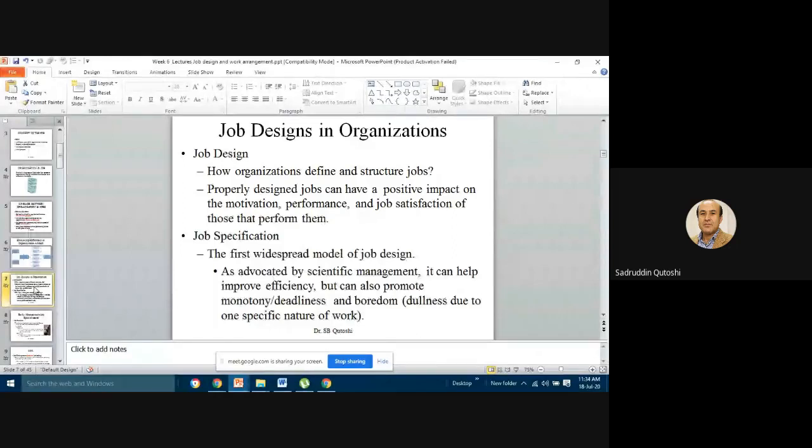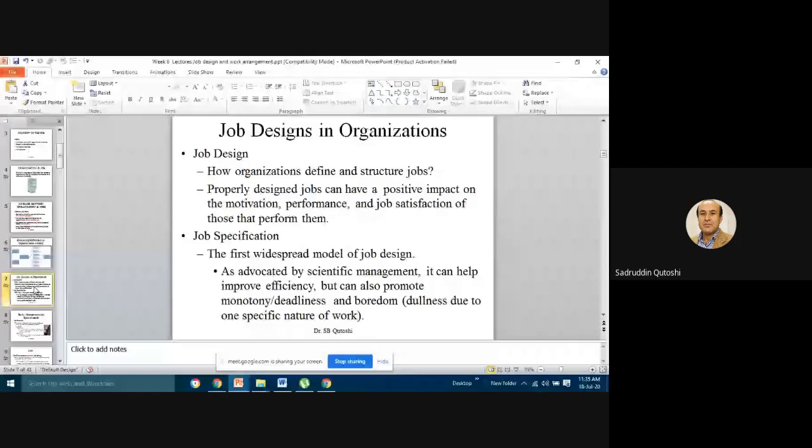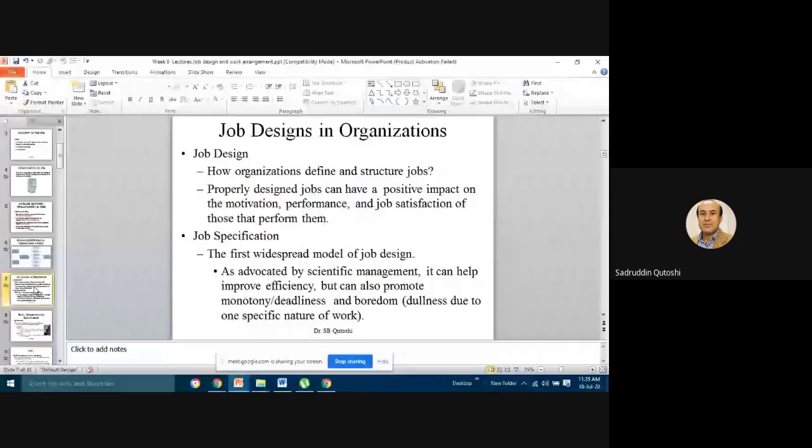So when you look at job design, you should ask this question: how do organizations define and structure jobs? From context to context, country to country, and organization to organization, based on its mission, the planners need to look at properly designed jobs, not improperly designed jobs, because improperly designed jobs would not give you that level of performance.